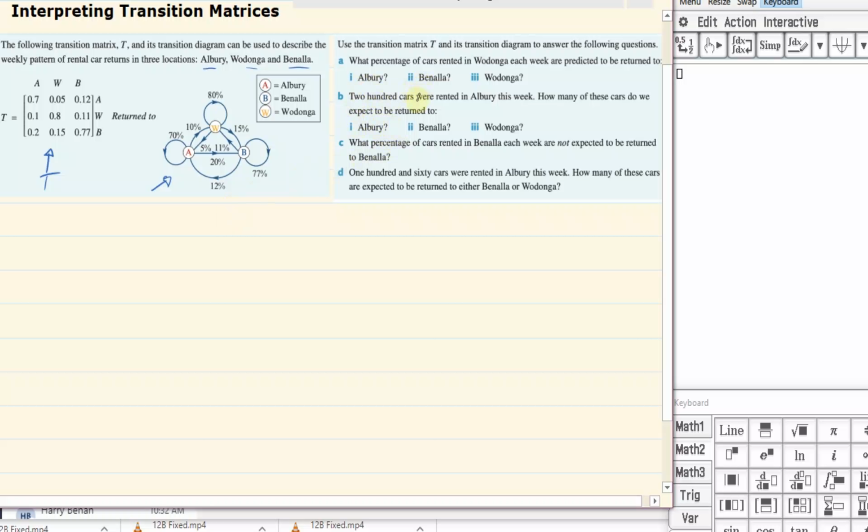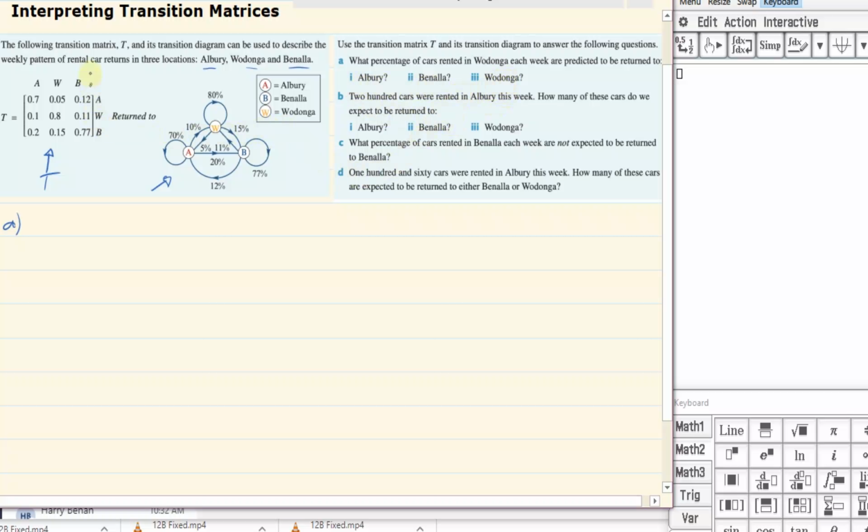So to start with, we're going to do some basic interpreting of the information coming out of that matrix. Part A: what percentage of cars rented in Wodonga each week are predicted to be returned to Albury, Benalla and Wodonga?